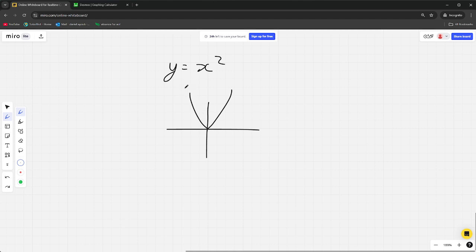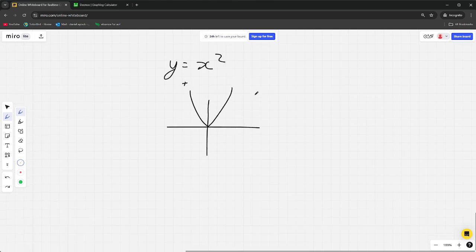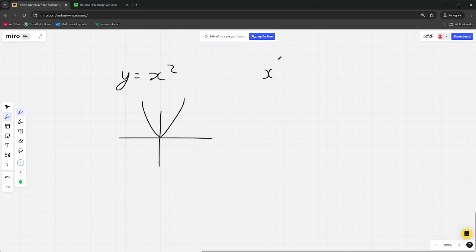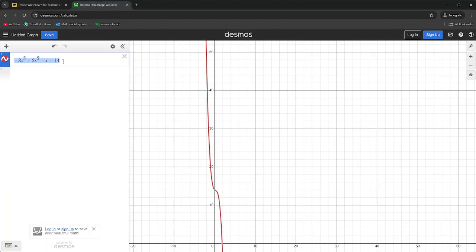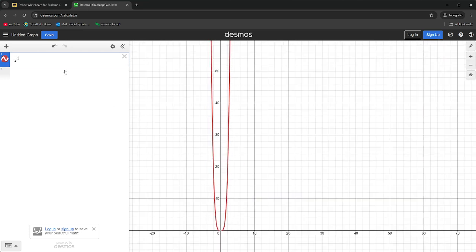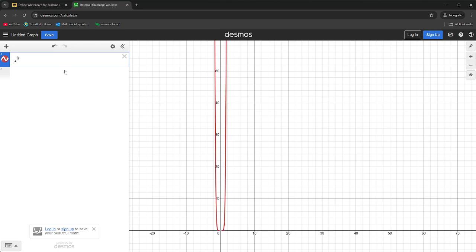If they start at positive infinity, they're going to end at positive infinity. It doesn't matter if that's x to the 2 or x to the 4. Look at what x to the 4 looks like, x to the 6, x to the 8. See that? It's always the same direction they end in. That's the pattern we want to see here.